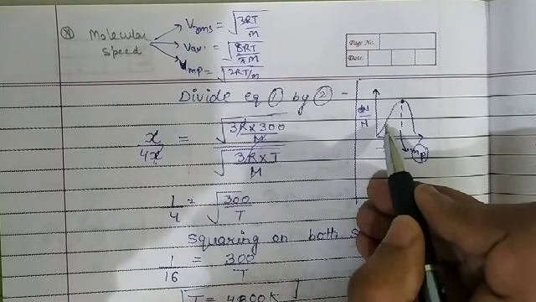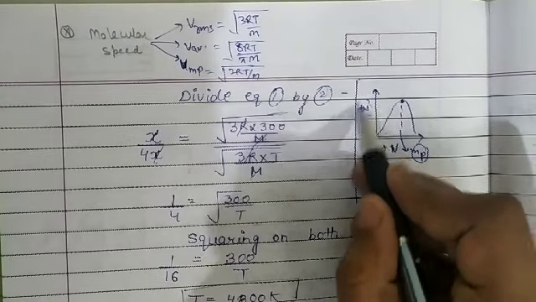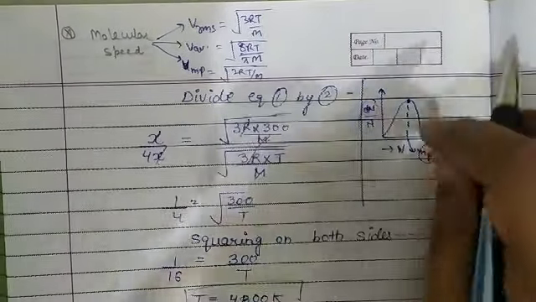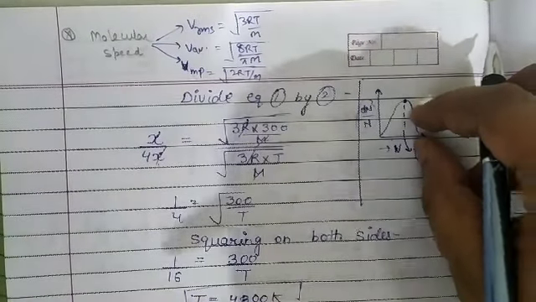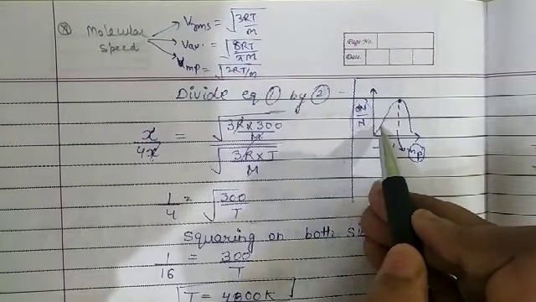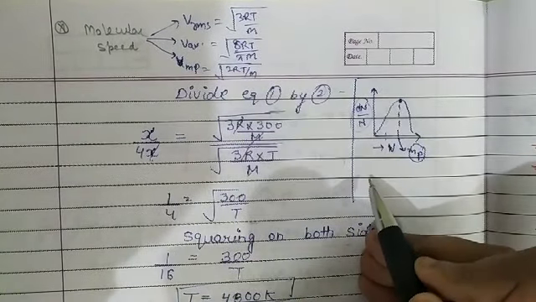The fraction of molecules is low for those molecules which have low speed, and also low for high speed molecules. So the fraction of molecules is low for both low speed as well as high speed molecules.